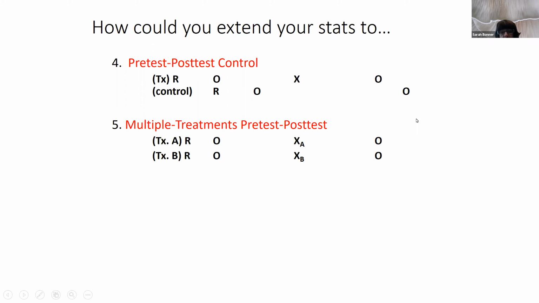And so if you wanted to make the inference that the growth in STEM interest was greater for treatment A than it was for treatment B, this is the design you'd use. And as long as you had controlled for social threats and you'd used random assignment, your inferences would be pretty safe based on whatever data you collected, given some of the other threats to validity.